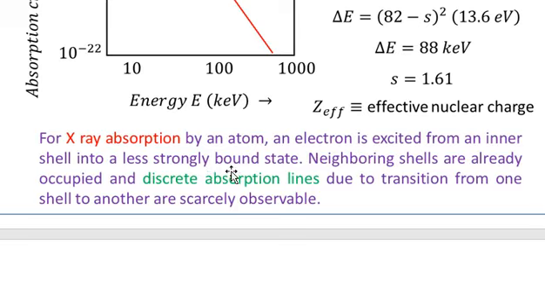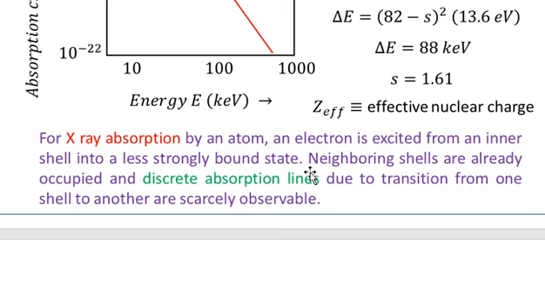So you see that here I am not talking about the ionization of that state, because if you ionize a particular electron in a particular shell, then you will observe an edge corresponding to that shell or subshell. But I am not talking about ionization, just excitation.